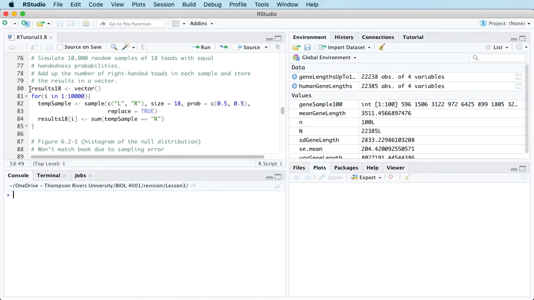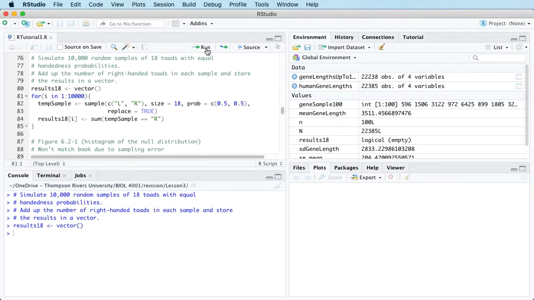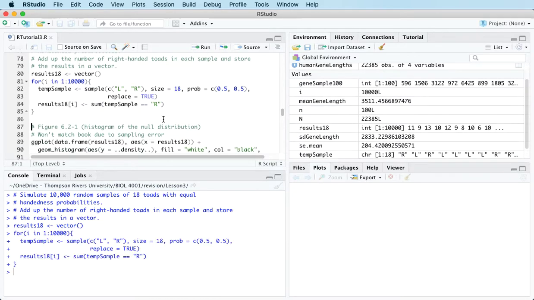Okay, so to do that, I'm going to set up a vector that we'll use to store our results. And then I'm going to run this loop, which is going to take samples of size 18 from our population in which we've got equal numbers of left-handed and right-handed toads.